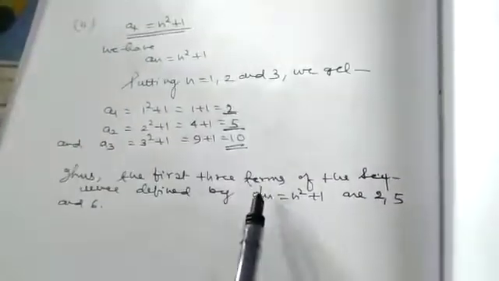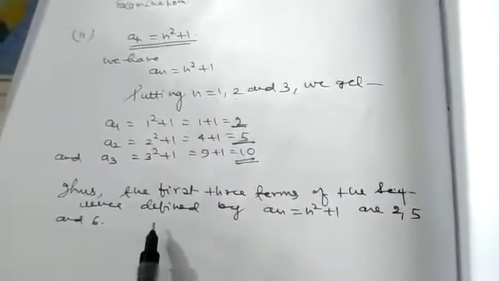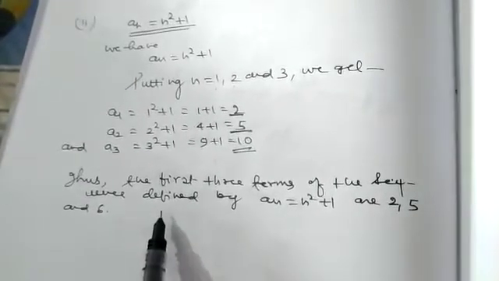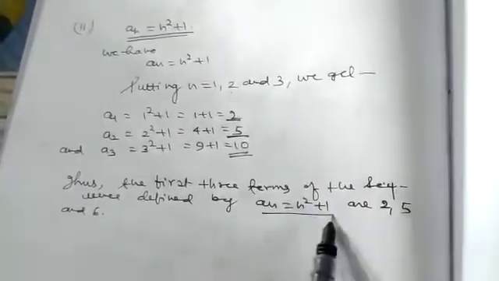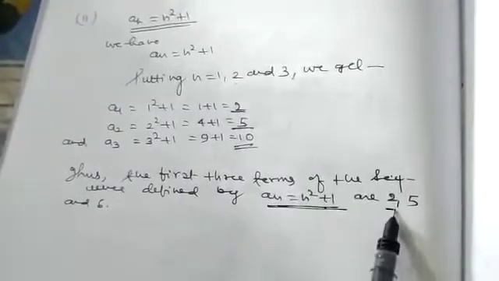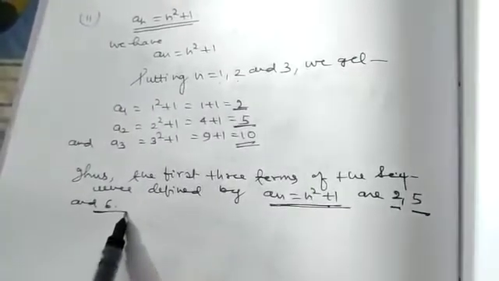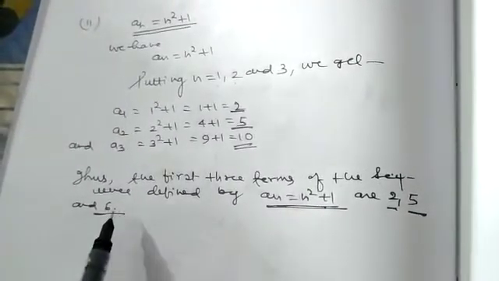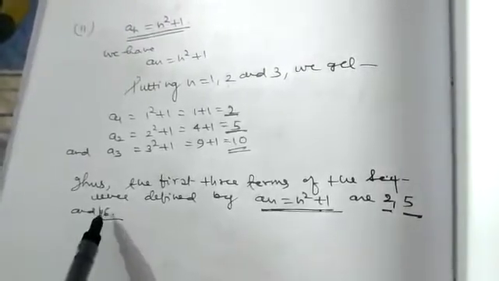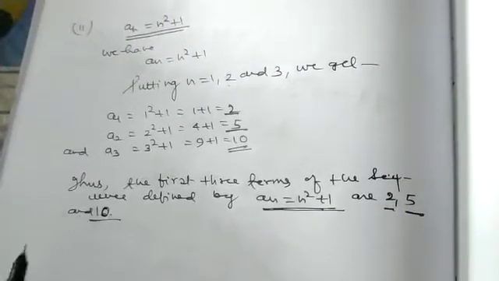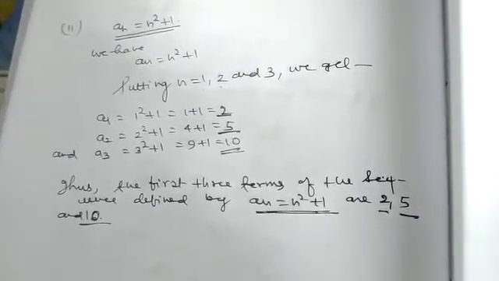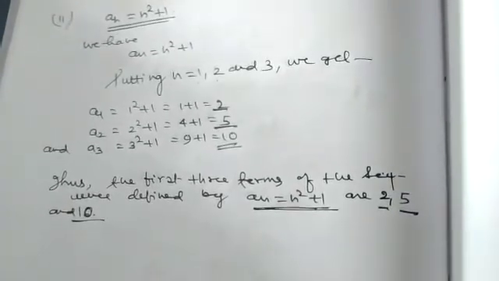Thus, the first three terms of the sequence defined by the formula n square plus 1 are 2, 5 and 10.